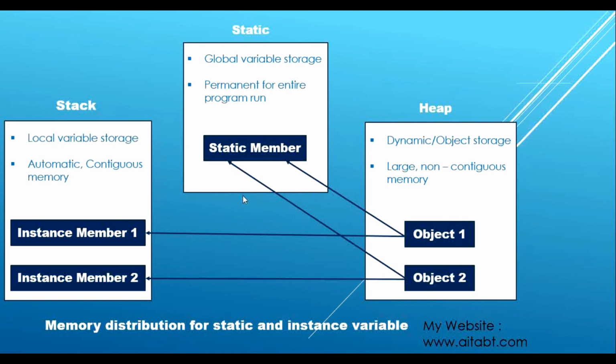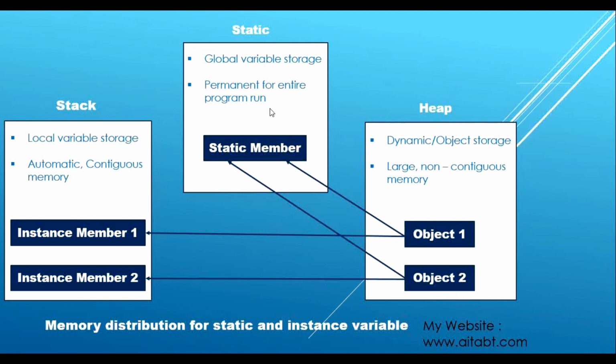That is a static section of memory, and it is a global variable storage. Why it is called global variable storage, we will understand, don't worry about that for now. It is also permanent for the entire program run, that also we will see.